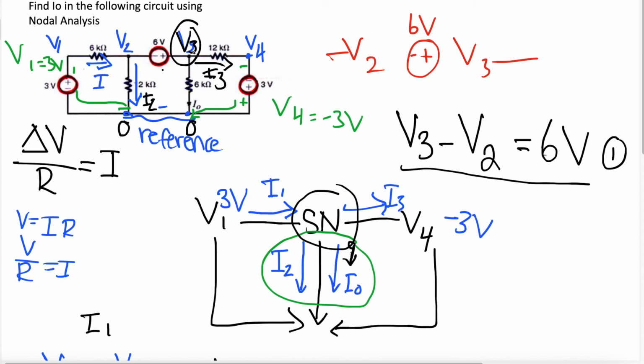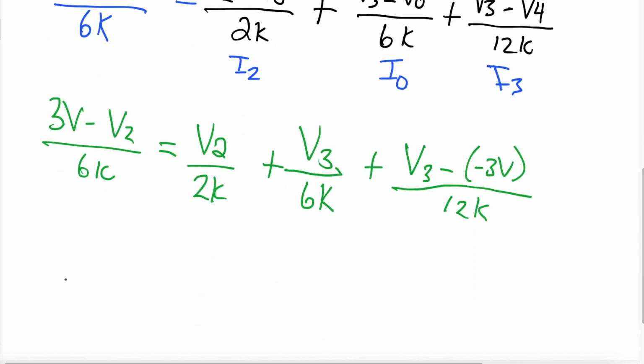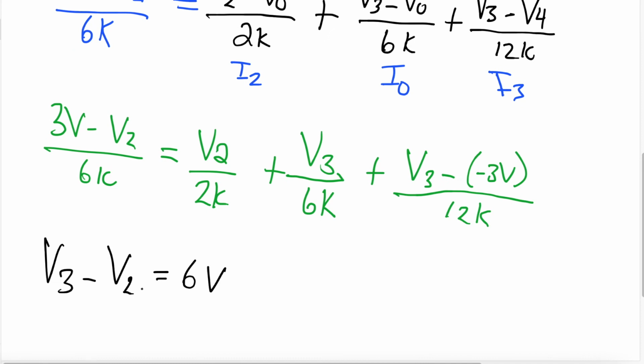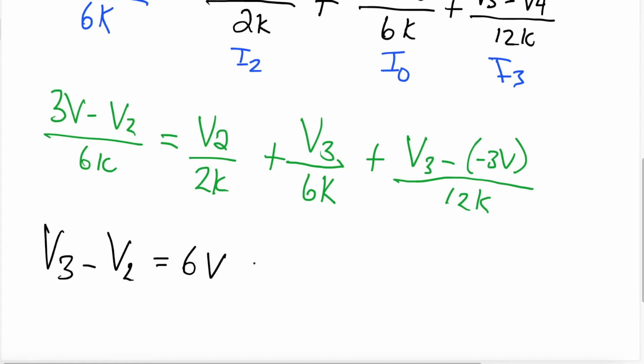So we want to solve for V3. If we isolate this equation, we have V3 minus V2 is equal to 6 volts. To solve for V3, we make V2 by itself, so then we can replace V2 in terms of V3.